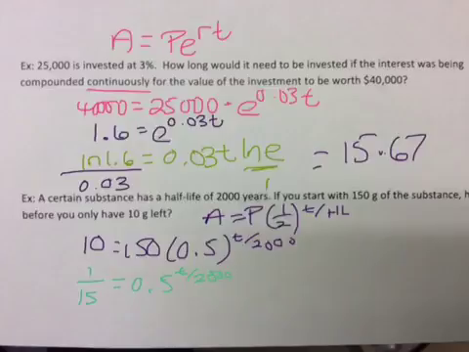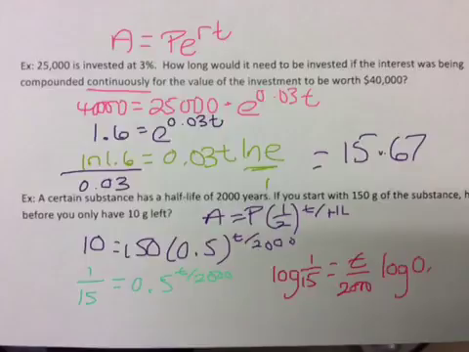Okay, next step. Take the log of both sides. So log of 1 over 15 equals, and I'm going to move the exponent down, t over 2,000 log 0.5.